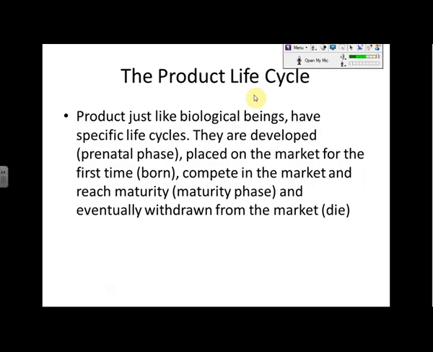They are placed on the market for the first time. We call that being born. They compete in the market and reach maturity. We call that the maturity phase. And eventually, they are withdrawn from the market. And we say that they die.